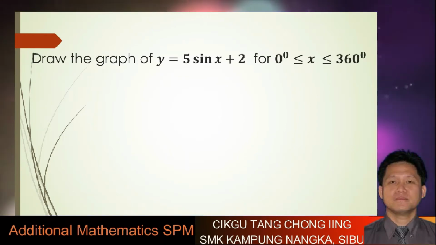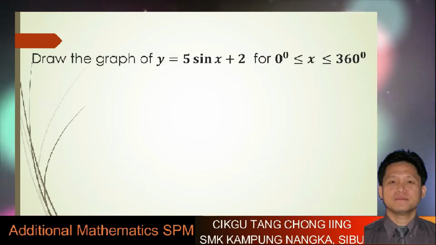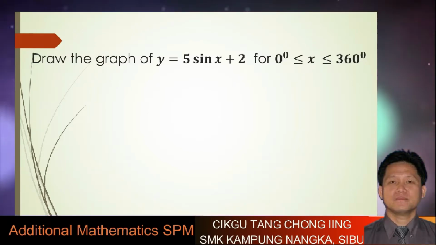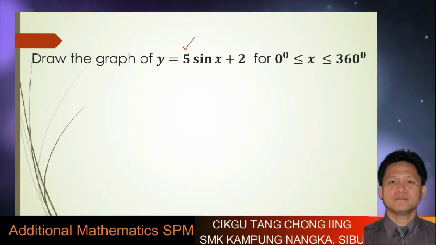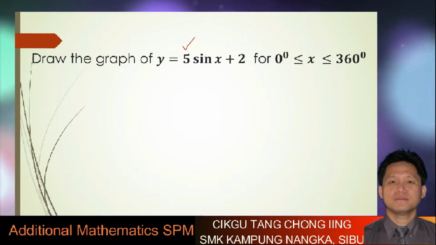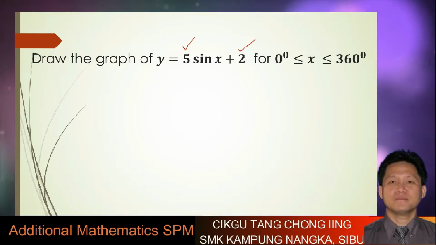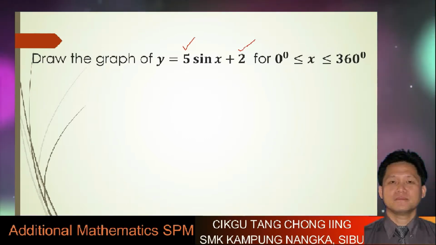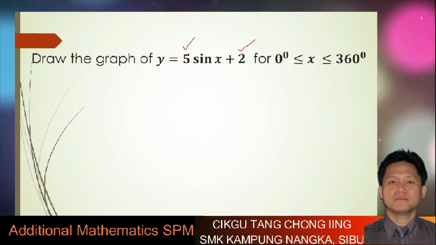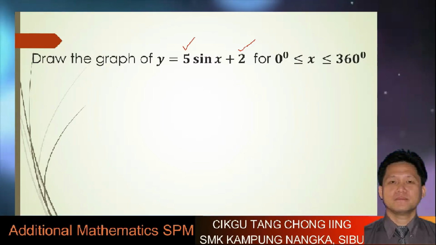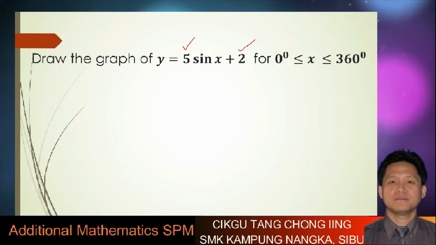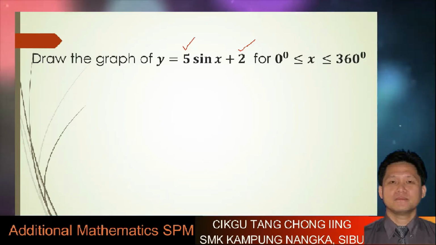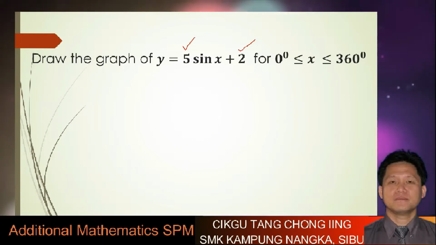Draw the graph of y equals 5 sine x plus 2. So now A here is 5, B is 1, and C is 2. So remember, the A here will affect the amplitude of the graph, and the 2 at the back will cause the whole graph to be shifted up by 2 units.